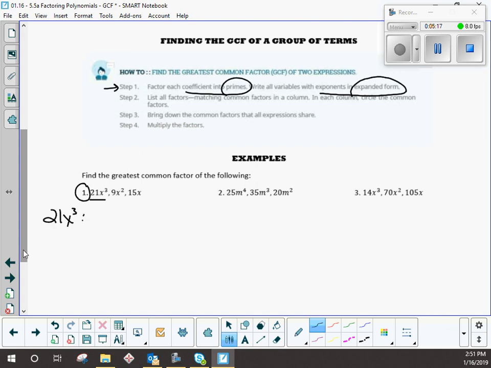21x cubed, I can do a factor tree for 21, 3 and 7. And those are both prime already, meaning I can't factor them anymore. So I'll rewrite 21x cubed as 3 times 7 times x times x times x.